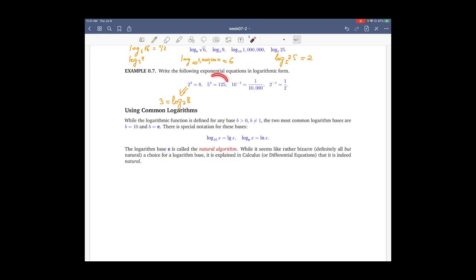Likewise, the fact that 5 cubed is 125 means that logarithm of 125 base 5 equals 3. Look at this one. 10 to the power negative 4 equals 1 over 10,000. So we're looking here at the curve 10 to the power x.